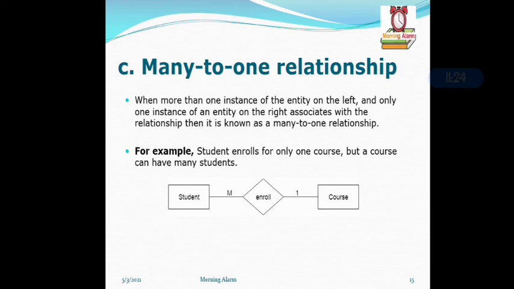In the diagram we can see student and course are two entities, and the relationship between them is enroll. Here a student can enroll in one course, but a course can have more than one student. On the left we have many instances, on the right we have one instance. So this relation is considered a many-to-one relationship.